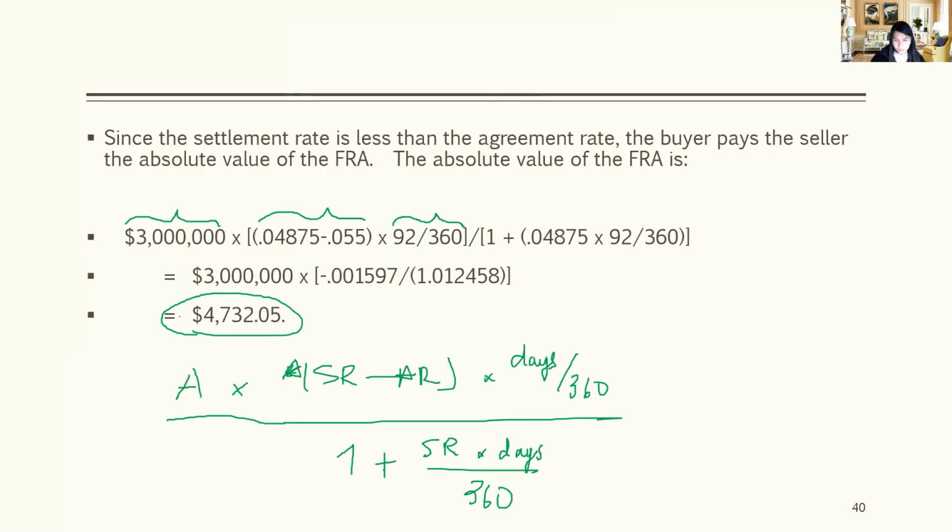Okay. There should be a negative sign here. So this 4,700 something means that in 3 months' time, the buyer of the FRA is going to pay the seller about 4,700 something. Okay.